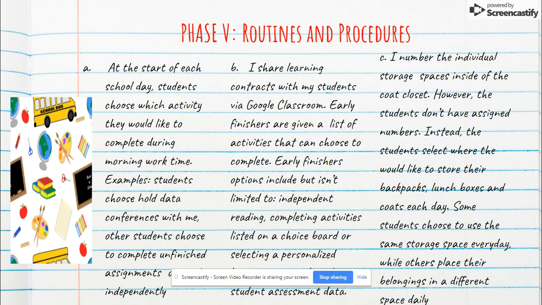However, I do not select where students store their lunchbox and backpacks and coats every day because I want to give them an opportunity to select where they would like to place their belongings. Some students would like to place their belongings in the same spot every day, and other students want a new place every day. And I think students should have choice in deciding where they want to put their things on any given day.